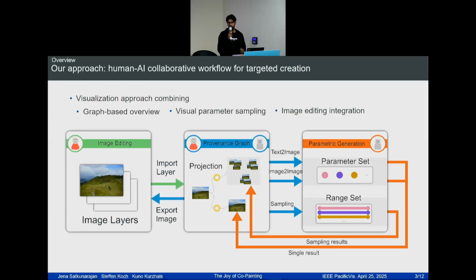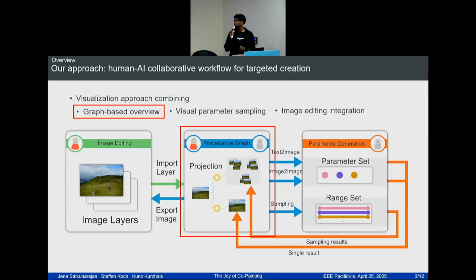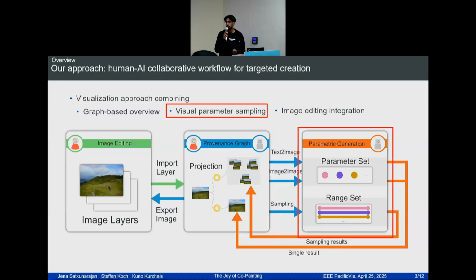This is why we propose a new image generation workflow that combines a graph-based overview for better traceability of the entire generation process, for more transparency, and for better reproducibility. As a different option for more model control, we propose visual parameter sampling. There are some hyperparameters involved when using image generation models, and I would like to go more into detail, but unfortunately due to time constraints I can't.